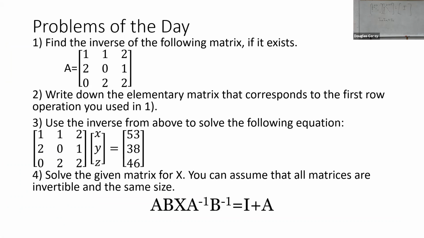So answers may vary depending on what you did for the first row operation there. And use the inverse from above to solve the following equation. And then there is an equation down there where you have matrices A, B, and X. And you're going to try to solve that for X, okay?